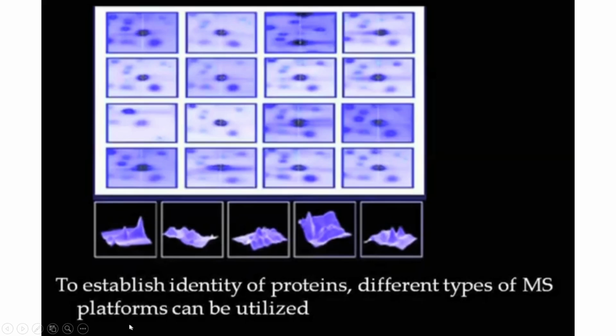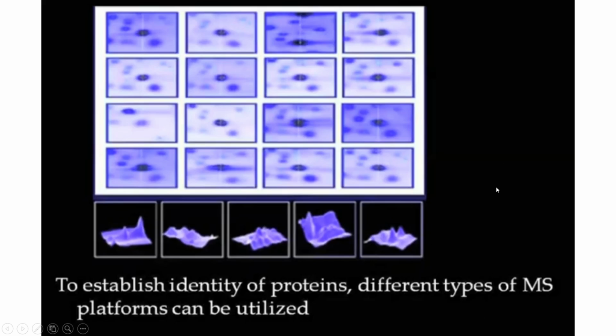Different types of mass spec platforms can be utilized. Once you understand that these are certain differentially expressed proteins, you will cut that specific protein, do the in-gel digestion, and then do the mass spec analysis, and for that different mass spec platforms can be utilized.